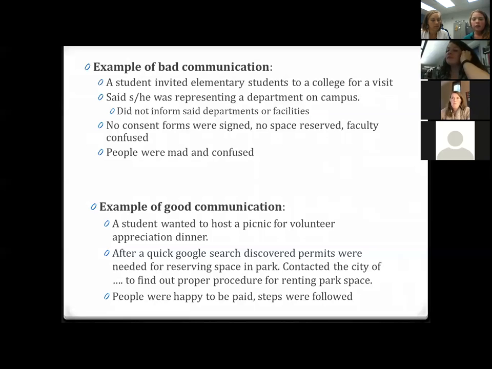So after a quick Google search and calling the city, it was discovered that there was payment required to have a public event outside at a city park. After these steps were followed, people were happier because there wasn't anyone stepping on toes, that sort of thing.